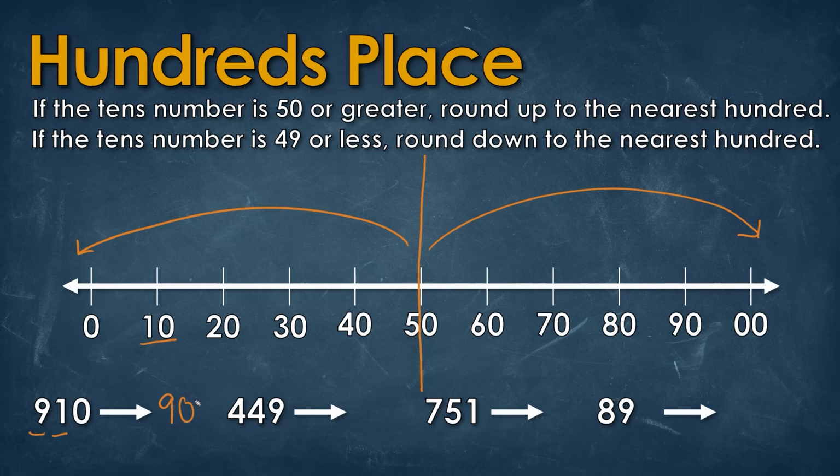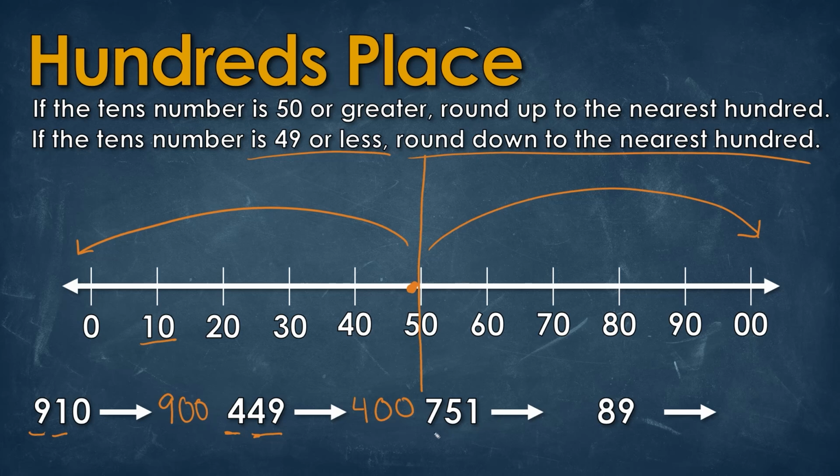It would be 900. If we have 449, we know that 49, the 4 and the 9, sits directly left of 50. If it's 49 or less, we round down to the nearest hundred. The hundreds value is a 4, so this answer is going to be 400.